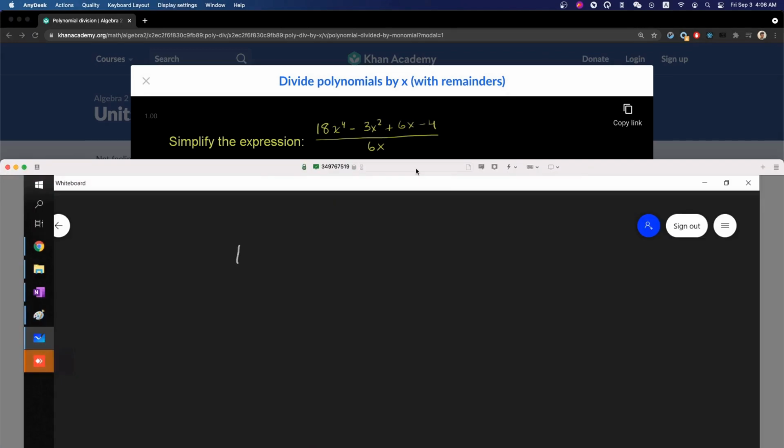Okay, for this time, let's say we got 18x to the fourth power minus 3x squared plus 6x minus 4 over 6x. For this one, how can we simplify it?